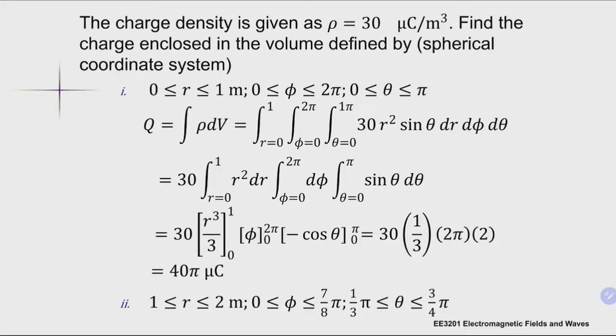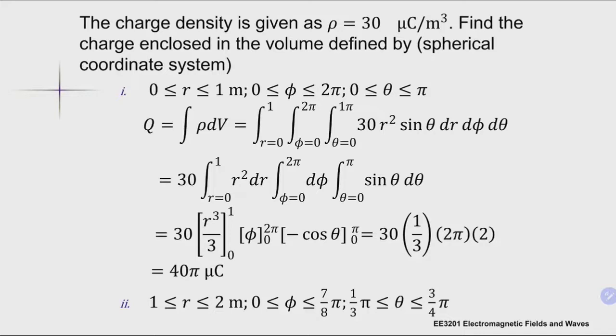Okay, so the charge enclosed in this volume will be the integral of rho dV, and dV in this case here is equals to r squared sine theta dr d phi d theta. And this comes from the explanation that I tried to show to you last week from spherical coordinate systems.